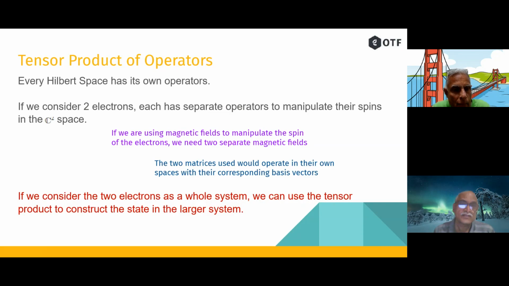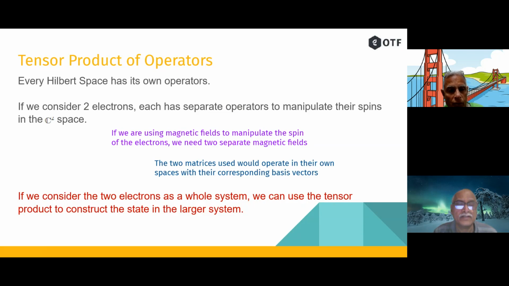If I consider two electrons, each of them will have their own separate space, and I can define separate operators in each of these spaces. Each operator will operate in the individual space of the electron, that happens to be the C2 space. And with two electrons, the combined impact could be studied in a C4 space.